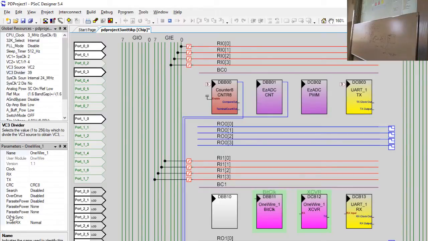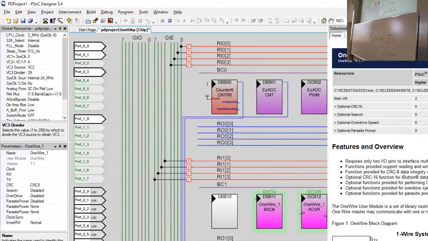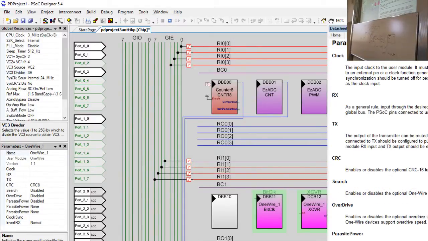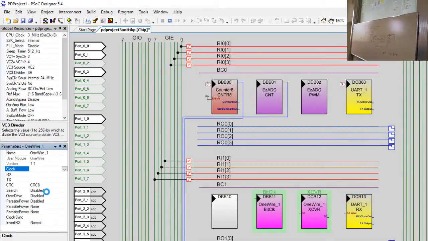Okay, one wire actually also requires clock. Clock must be 3 megahertz, meaning system clock divided by 8. So if we take the system clock from VC2, we have a divisor of 8. So we got lucky.